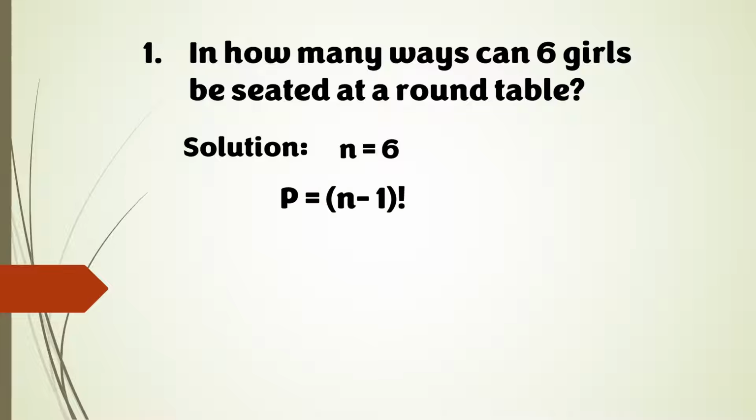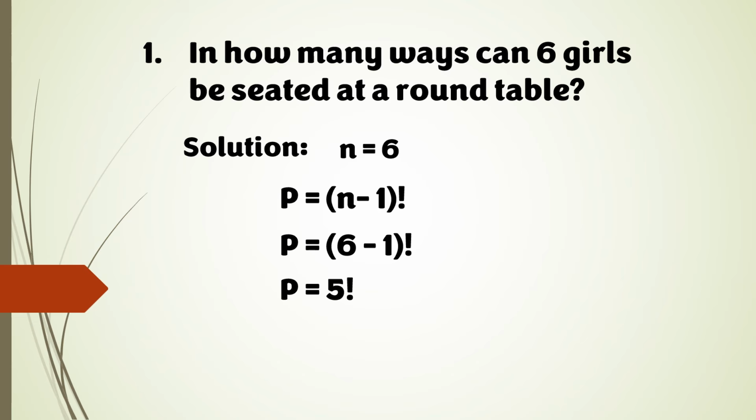And the formula for circular permutation is P equals the quantity of n minus 1 factorial. We're going to substitute the value of n. So we have P equals the quantity of 6 minus 1 factorial. And then simplify, 6 minus 1 is equal to 5. So P now is equal to 5 factorial.